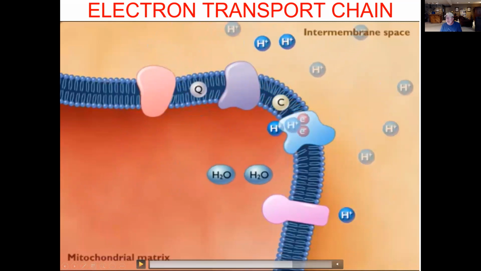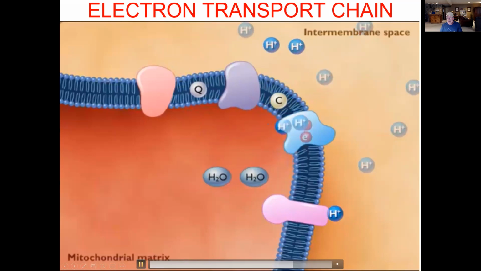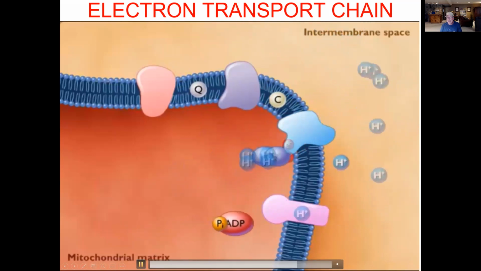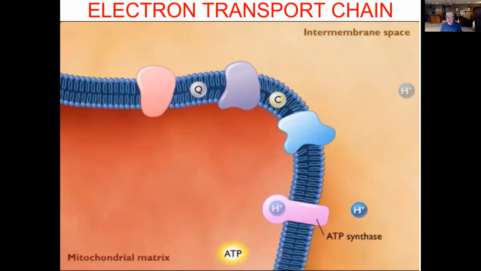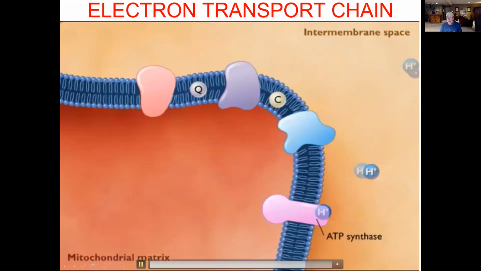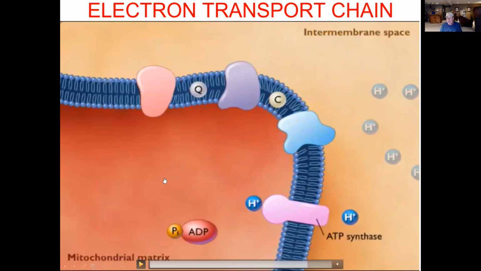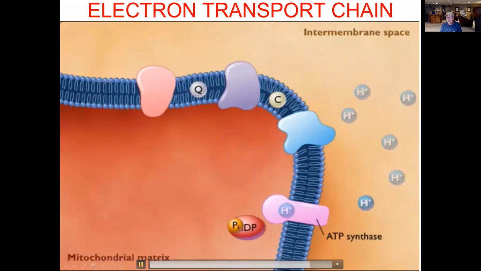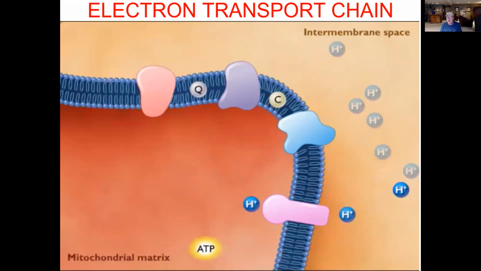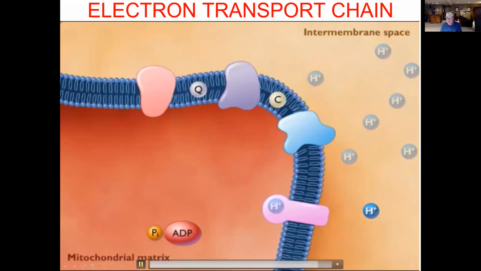And they can do that if they pass through a special integral protein shown here in pink that has a special name. It's called ATP synthase. And as those hydrogen ions move back into the matrix, as they're doing here, look what happens to ADP. It becomes phosphorylated. And when you phosphorylate ADP, you make ATP.